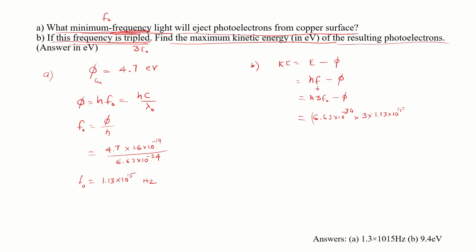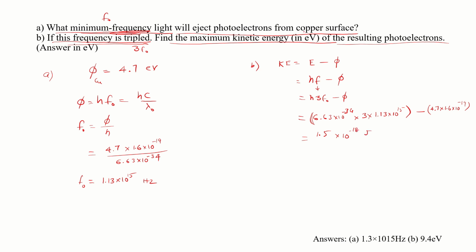This much is the energy of the photon minus the work function. Whenever we use the formula it should be in joules, so the work function of copper is 4.7 times 1.6 times 10 to the power of minus 19. Use the calculator: the answer is 1.5 times 10 to the power of minus 18 joules.